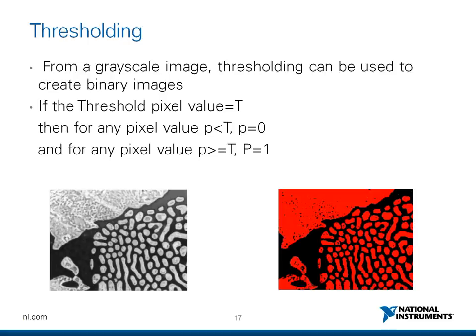And any pixel value which is greater than or equal to the threshold gray value is mapped to 1. That means you have only 2 pixel values, zeros and ones, depending upon the previous pixel values. Thresholding is very much necessary because most of the morphological operations are done on binary images.